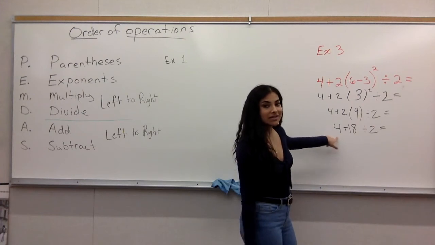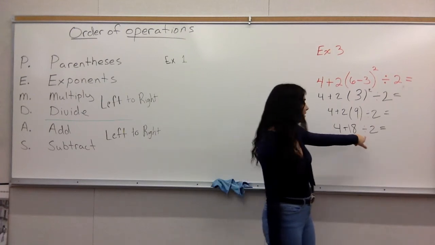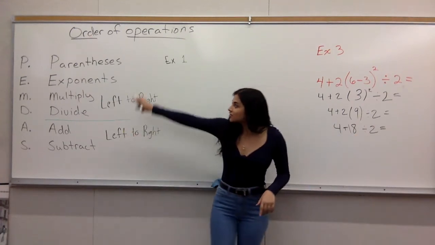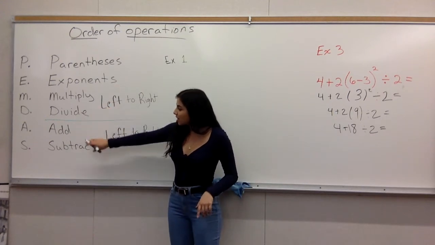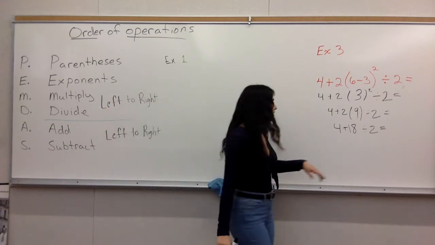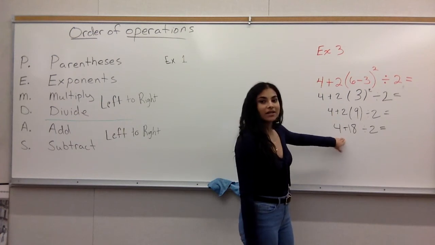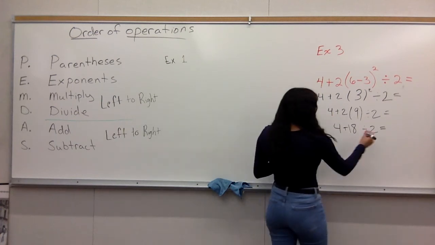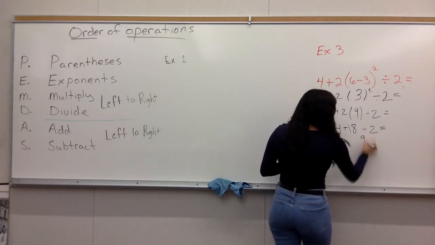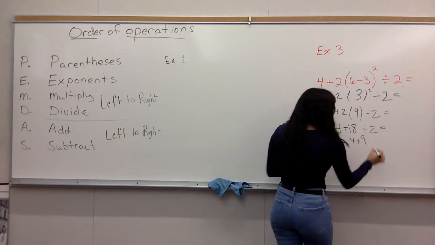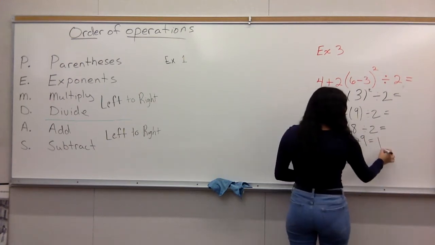Even though addition is on the left, division still comes first because of this chart. Division is on top of addition, so it comes first regardless of whether the addition is on the left. So we divide, 18 divided by 2 is 9, and then we have 4 plus 9, which is just 13.